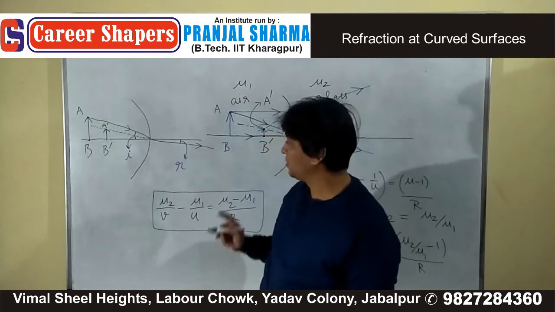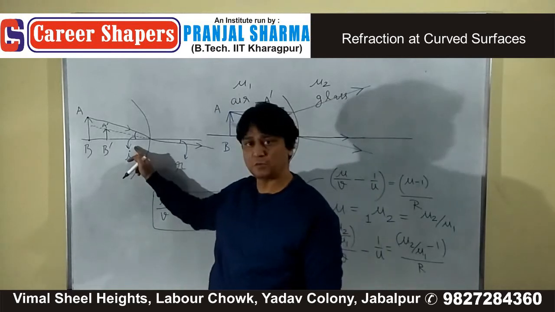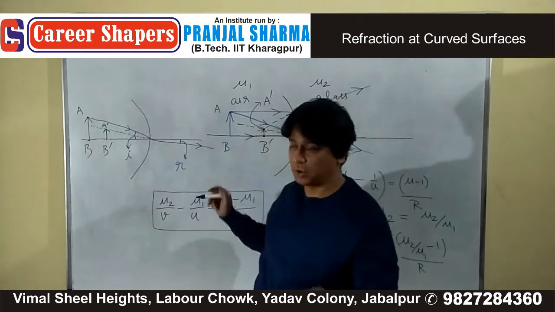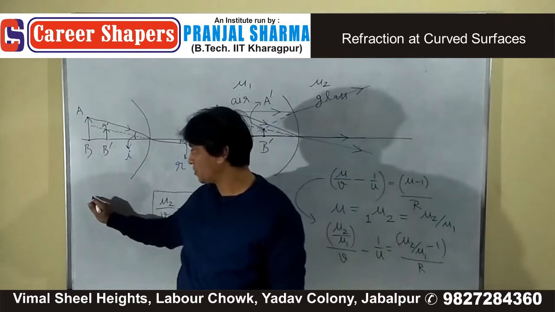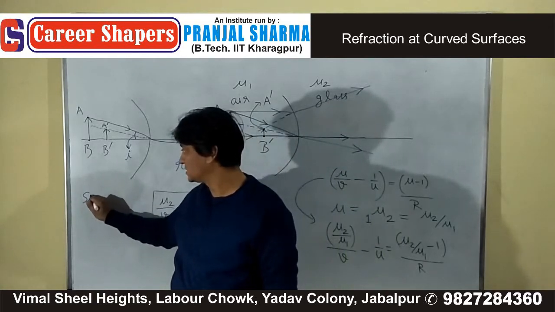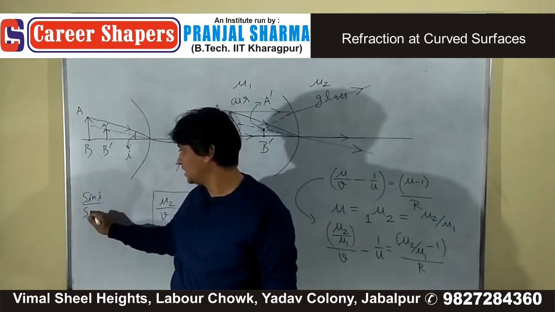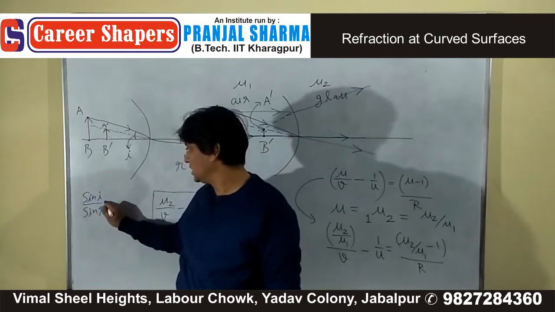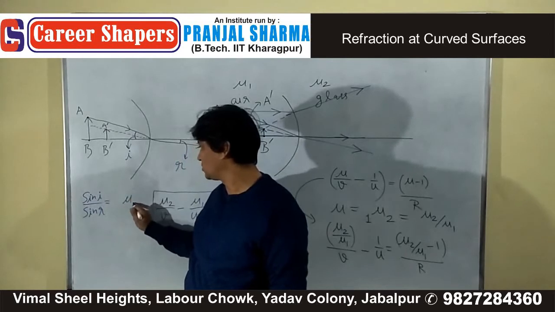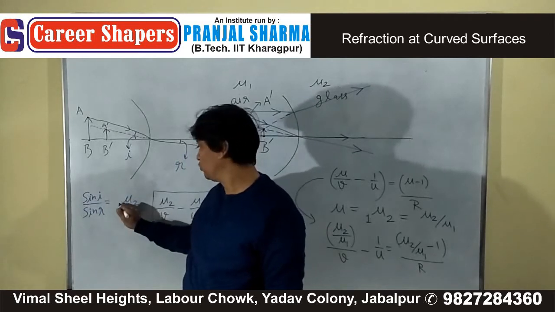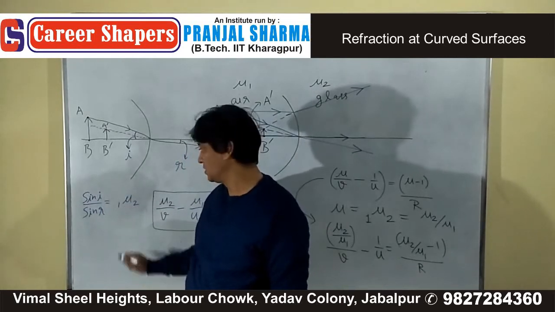That means we have the information of sine I upon sine R. What is the information of sine I upon sine R? Sine I upon sine R is the refractive index of medium 2 with respect to 1.